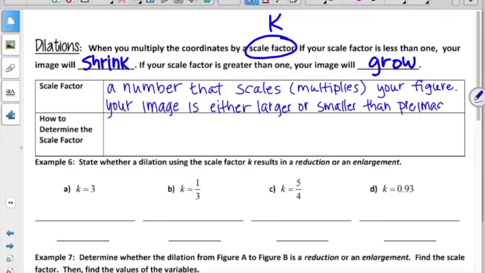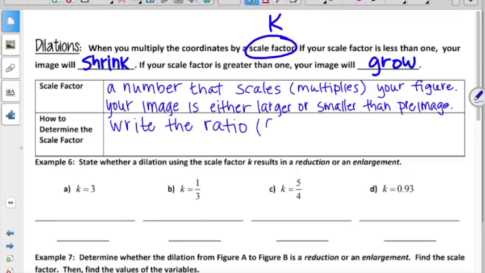So if you have a rectangle, the corresponding sides would be both the sides on the right-hand side. Or the top would correspond to the top on the other one. Corresponding just means that they're matching, they're in the same position, but on the different shapes.